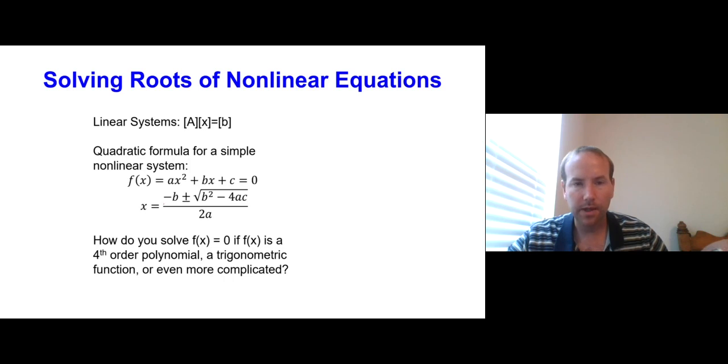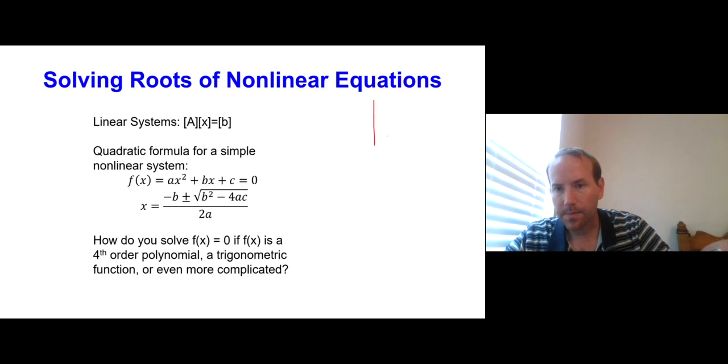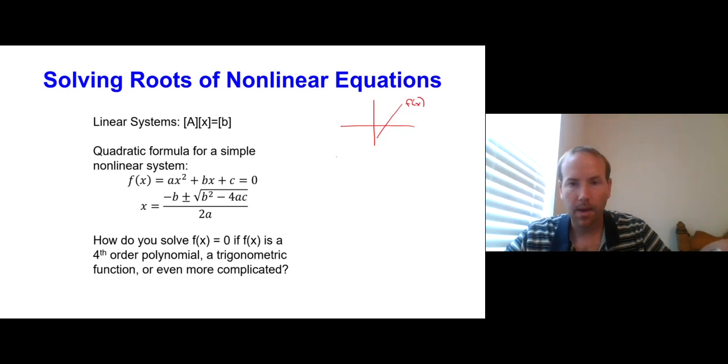In the last section, we were talking about linear systems, and a linear system is nice and easy to calculate the roots of, and we can calculate that by Gaussian elimination.